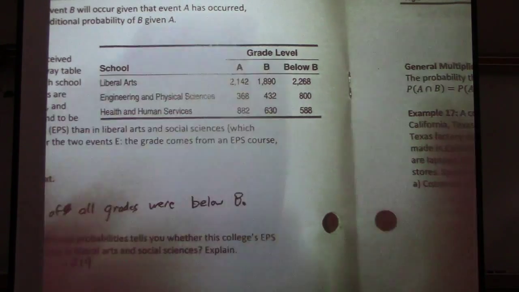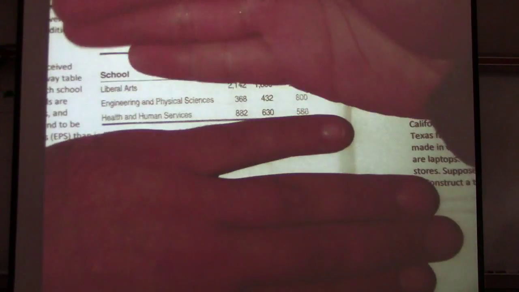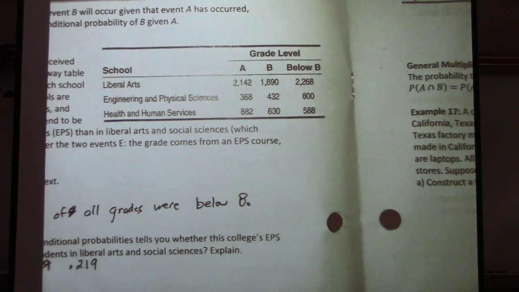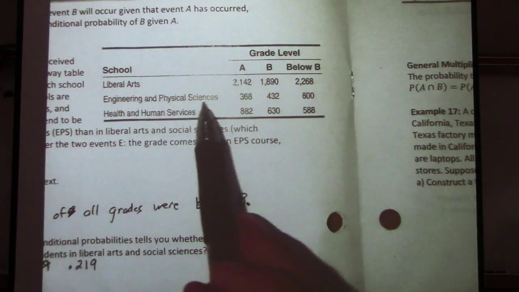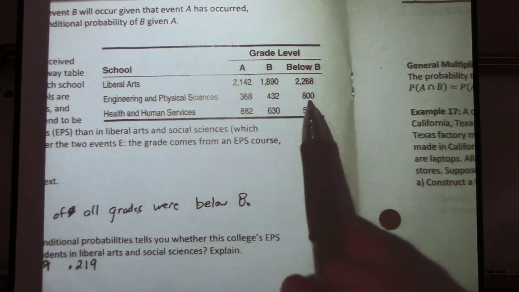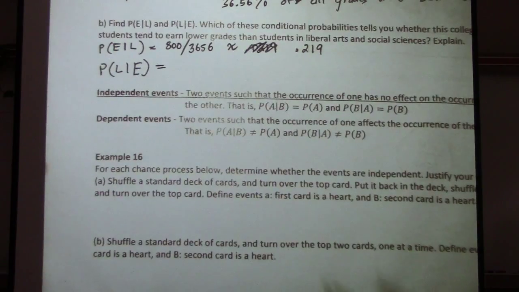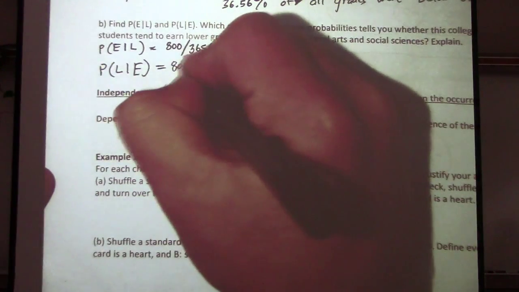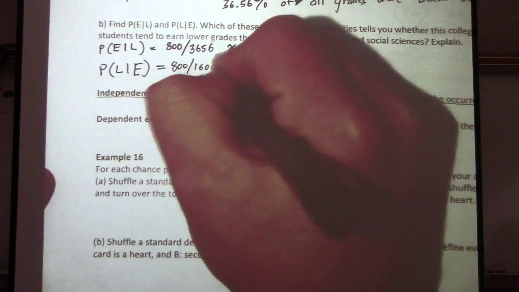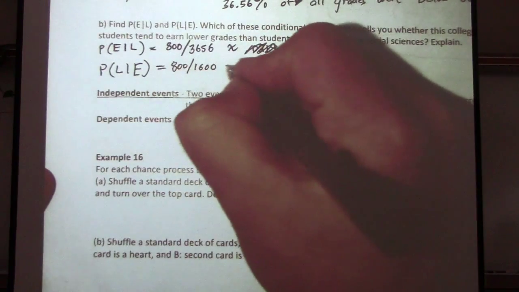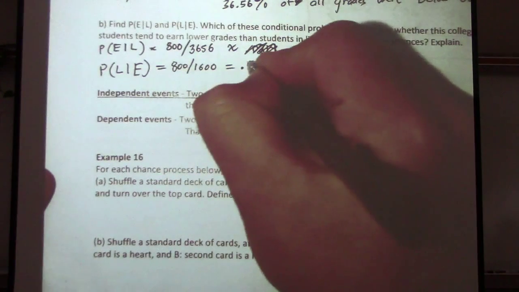That's what we're doing again here with probability. So this one's going to be 800 over the sum of that. There were 1,600 engineering students. So this equals 0.5.